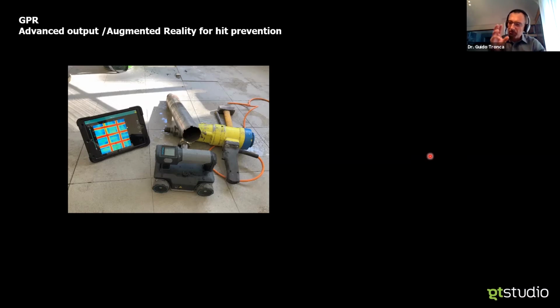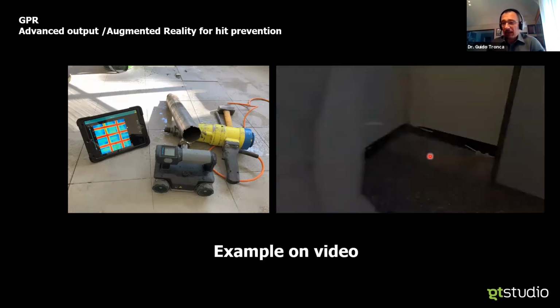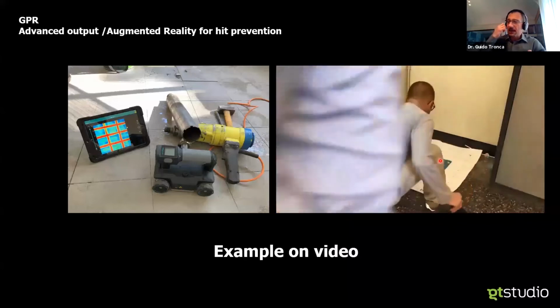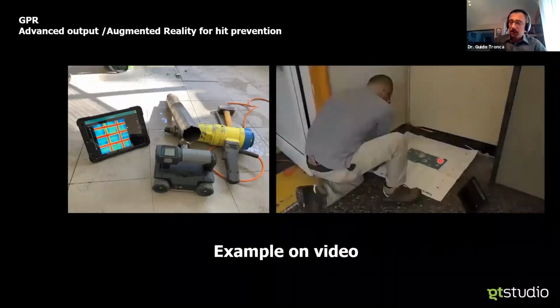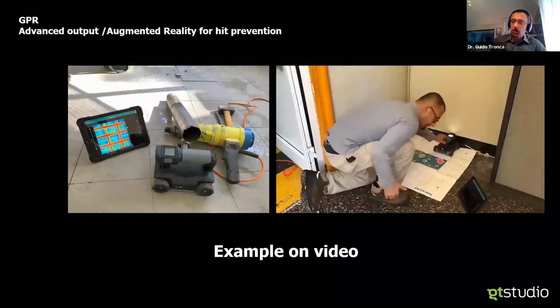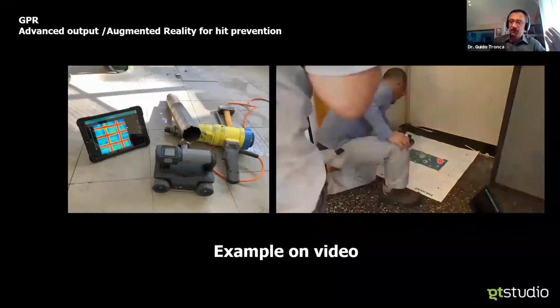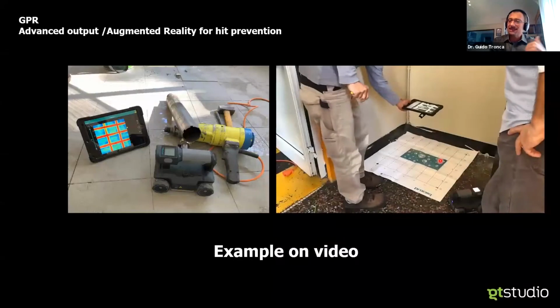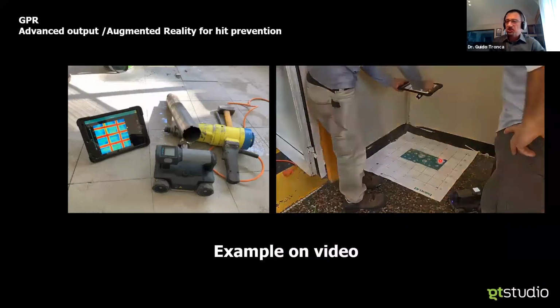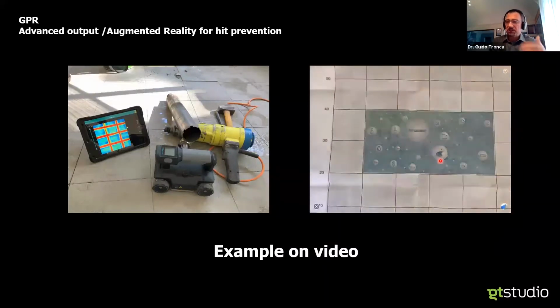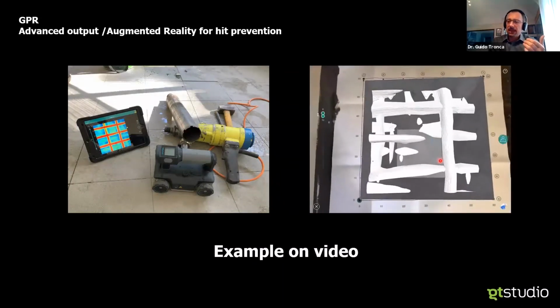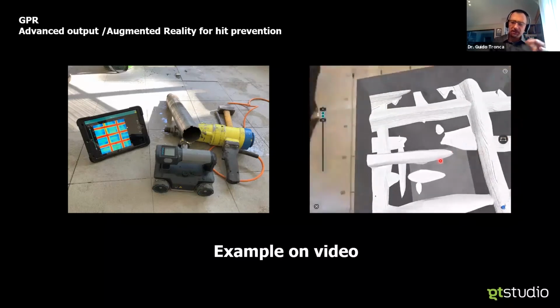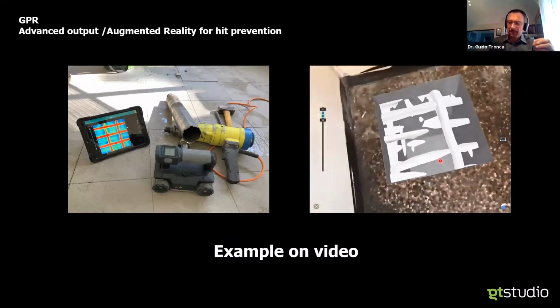So on purpose, I focus on this very typical application that is the hit prevention by means of GPR. You can see in this fast forward motion that if I scan a small area, the typical 60 by 60 is a good default, I can immediately have an overview, even if it's maybe complicated.